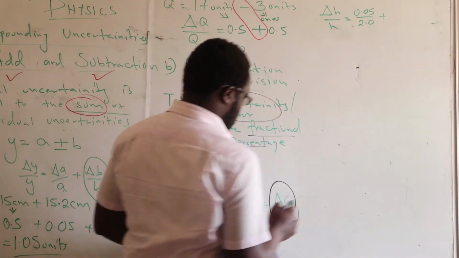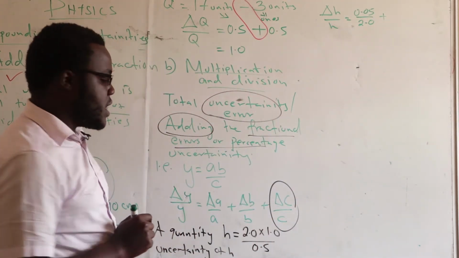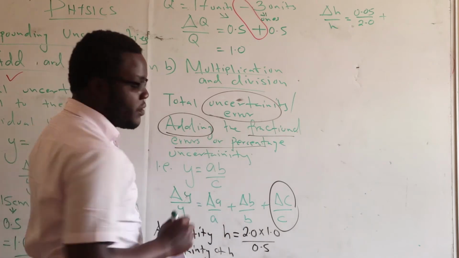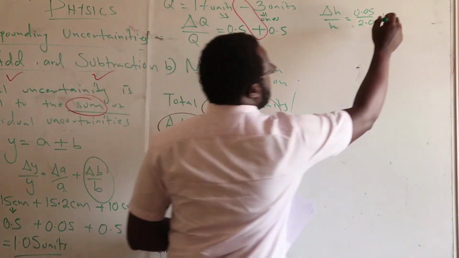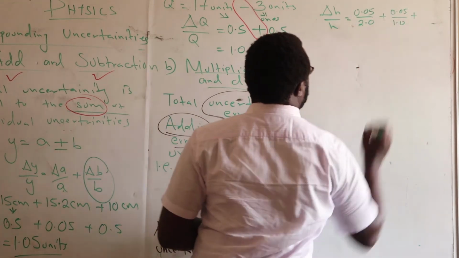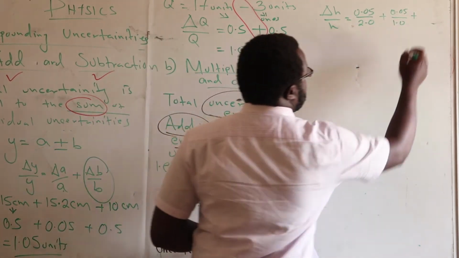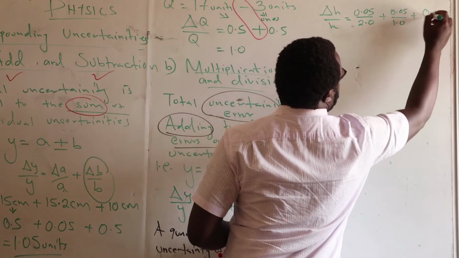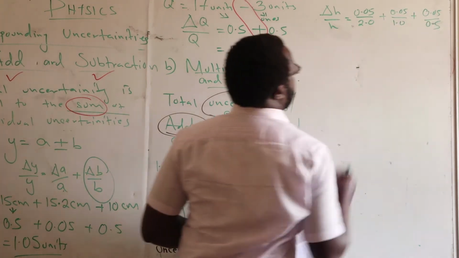We add that to the absolute uncertainty of the second value, 1.0, so that will be 0.05 divided by 1.0. Then we add it finally to the last part, 0.05 divided by 0.5.